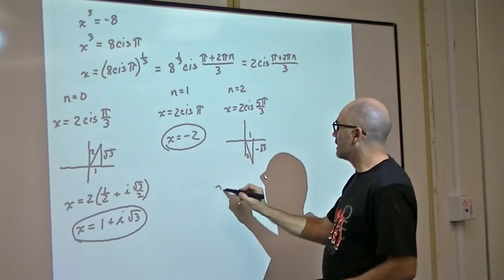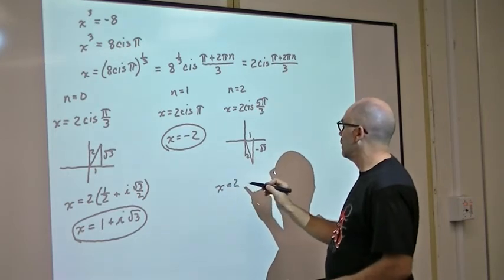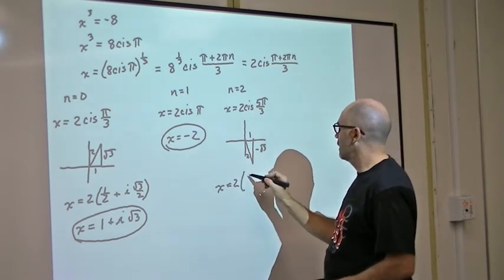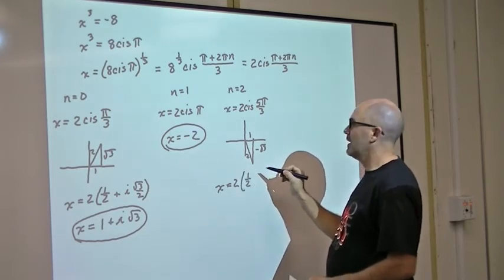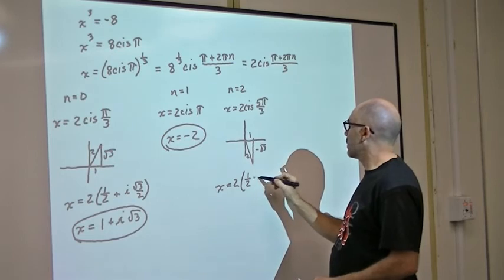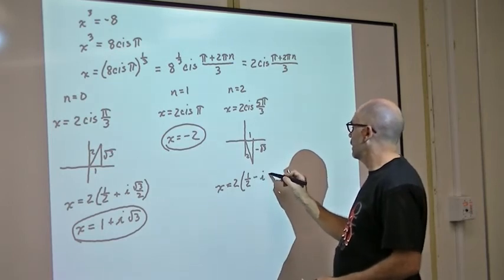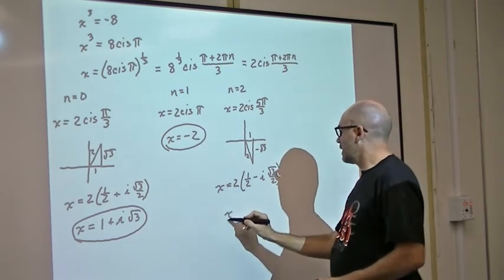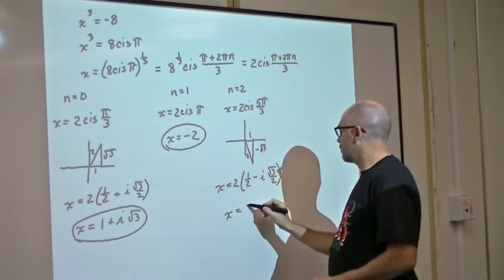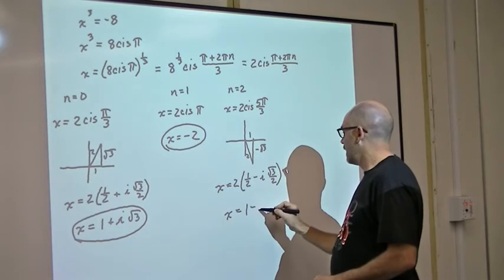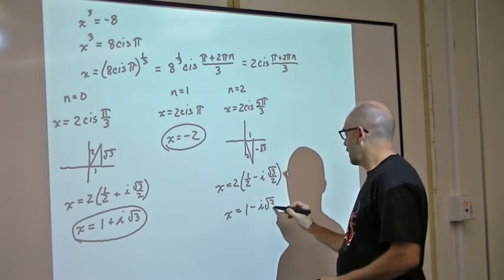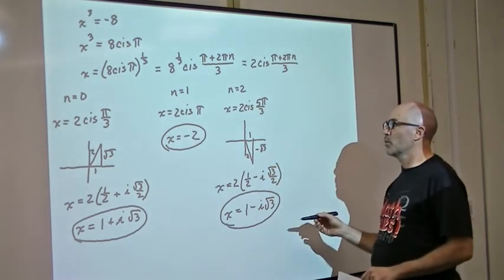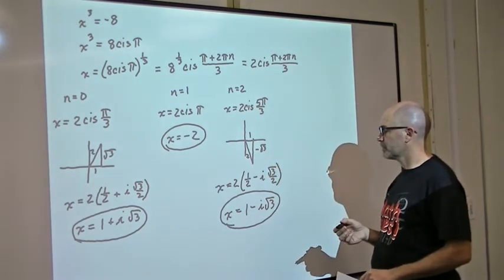So that means x equals 2 times, now, cosine is 1/2, and sine is negative square root of 3 over 2. So we end up with x equals 1 minus I square root of 3. There's our third cube root of -8.